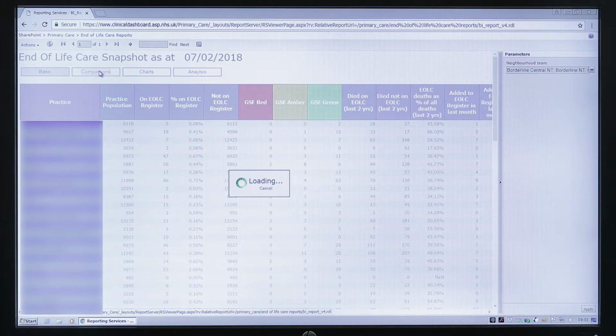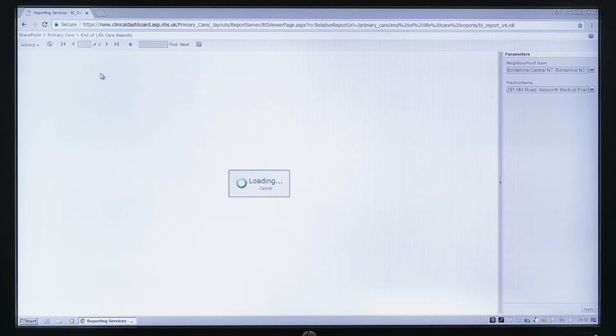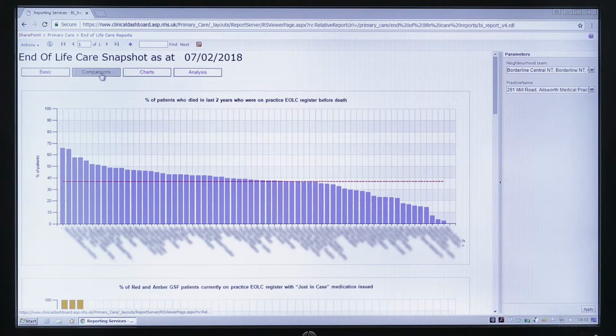The thing that I think most people will find of value is these comparison graphs, which present 5 or 6 key process measures for good end-of-life care and enables my practice to compare itself with others across the CCG.